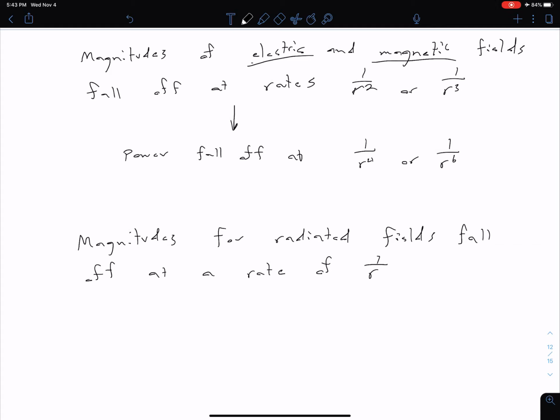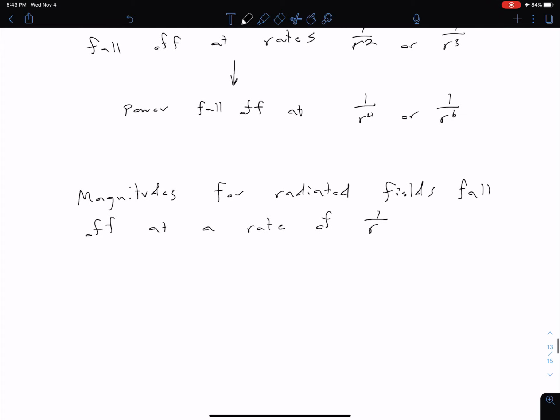We'll get into this a little bit more in a later class in electromagnetics. So they're falling off at a rate of 1 over r, which means our power density is going to be dropping at a rate of 1 over r squared.